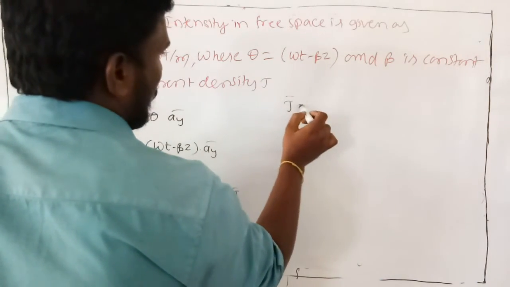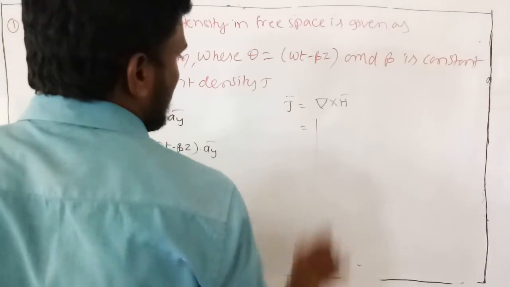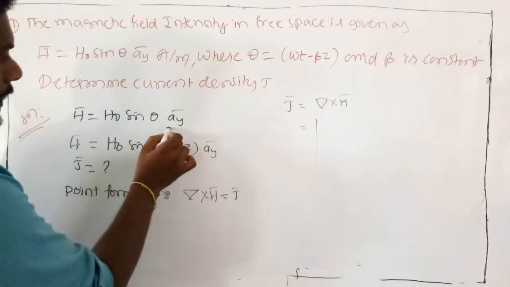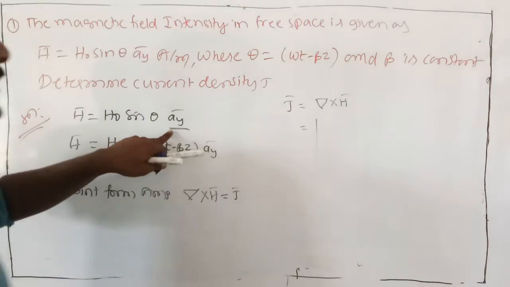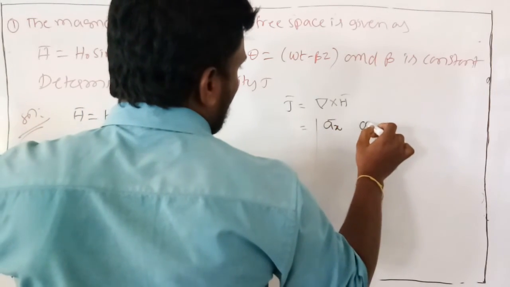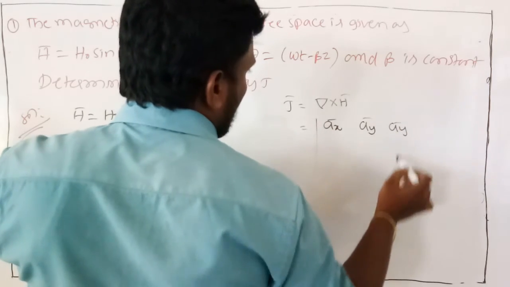So J bar is equal to del cross H bar. From the given data we can conclude that H bar is given in the Cartesian coordinate system as there is an AY bar. So you need to write the unit vectors in the first row of the determinant: AX bar, AY bar, AZ bar.